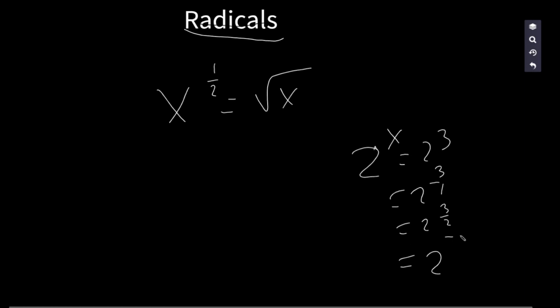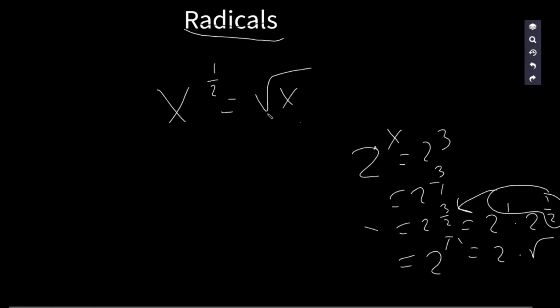Even 2 to the pi we could do. And if you're wondering how we could do 2 to the 3 over 2, you would split this up into 2 to the first power times 2 to the 1/2. By our exponent rules, these add to 3/2. And then you get 2 times the square root of 2. But that's not really important for this video.